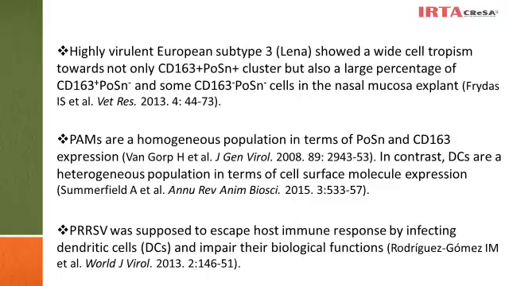It is not the same case for dendritic cells, which can also be infected by the PRRS virus in vitro. Dendritic cells are a heterogeneous population in terms of cell surface molecule expression, and the PRRS virus was supposed to escape the immune response by infection of dendritic cells.